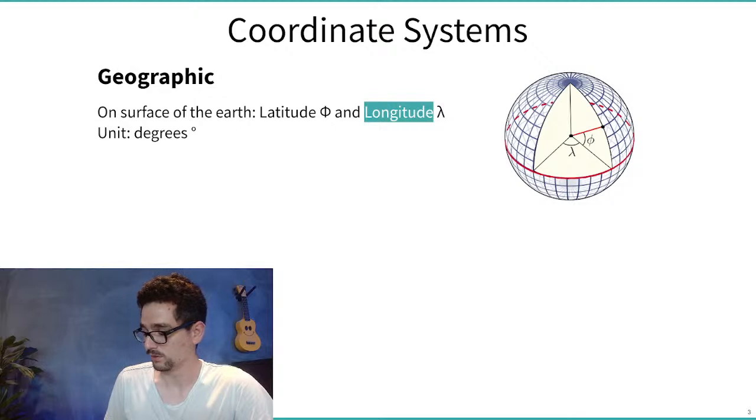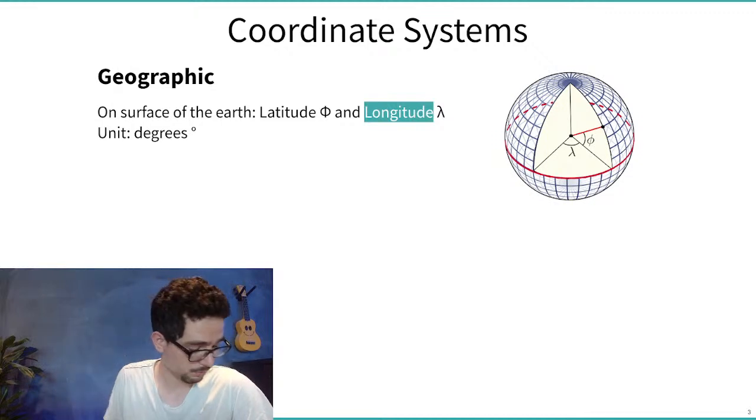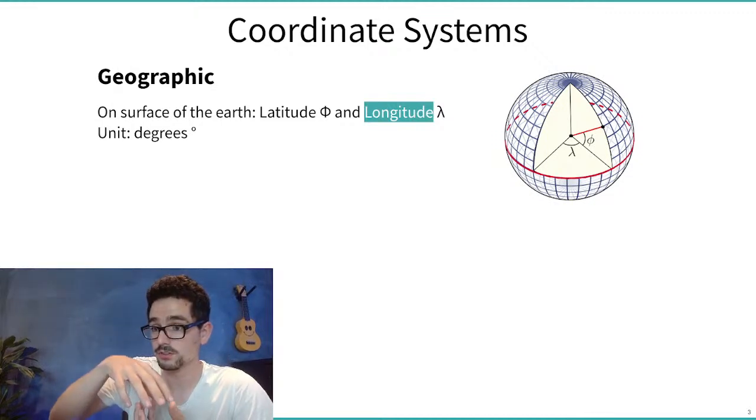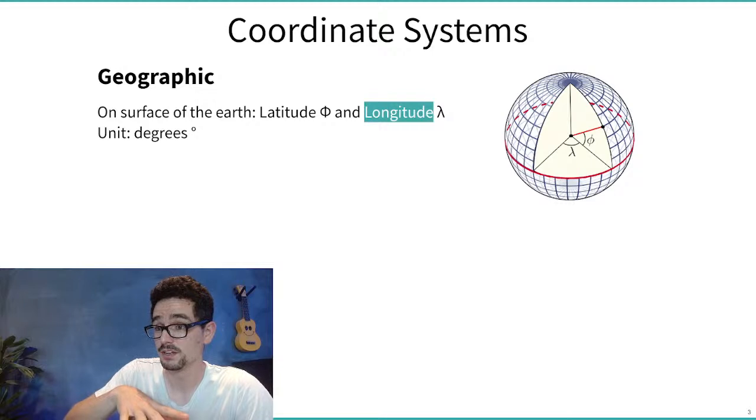The Earth is a globe, but it is not really a perfect ball. It's an ellipsoid or something. An ellipsoid is something like a ball, but it can be very flat.